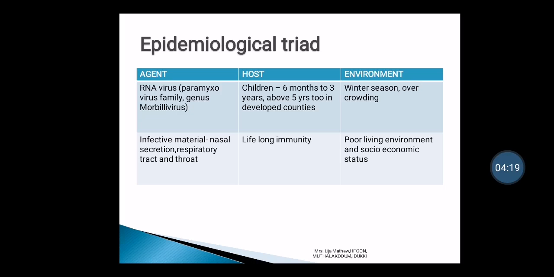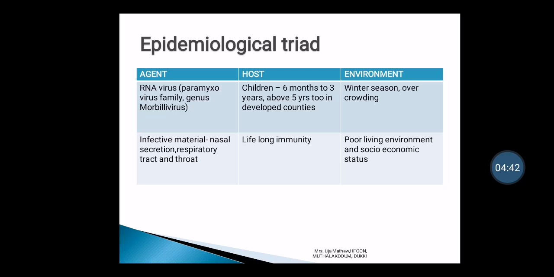Regarding the host factors, it especially affects children aged between 6 months and 3 years in the developing countries. At the same time, in the developed countries we can see a trend where children above 5 years are also getting affected.